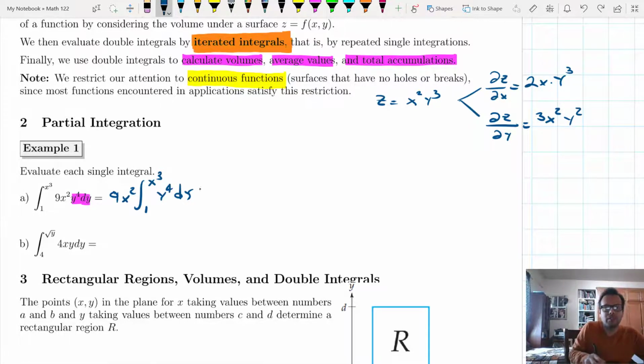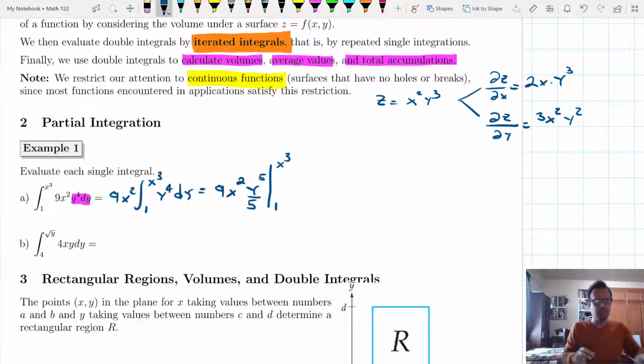So this will give us 9x squared, which is outside of the integral and is just a constant multiple, times the integral of y to the 4th, which is y to the 5th divided by 5, evaluated, and in this case be careful, the books would just tell you to evaluate it from 1 to x cubed. There's nothing wrong with writing it that way; that's what most textbooks and other references do.